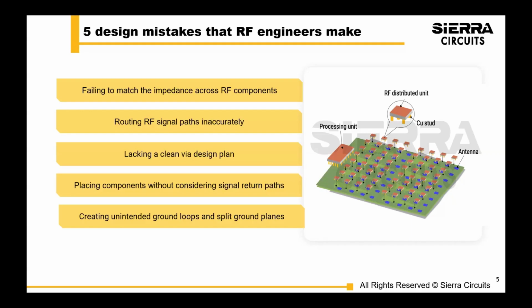Using strategies like laser drill vias or back drilling can help reduce any long stubs. And then component placement is key. So you don't want to make the mistake of placing components without considering your return paths and current flow. And then don't make the mistake of creating unintended ground loops and split ground planes, and of course, introduce noise and cause unpredicted circuit behavior.